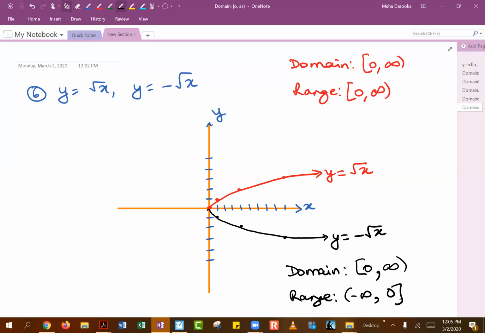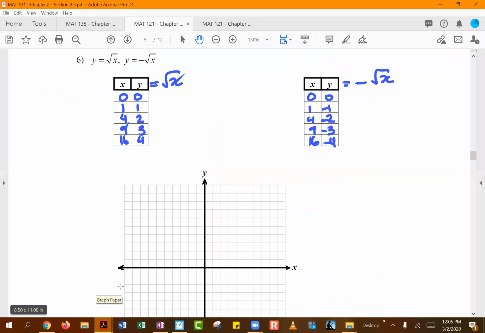Anybody else? Anything popping up? Good. All right. So all of the transformations we have done so far have been rigid, which means the shape of our graph did not change.